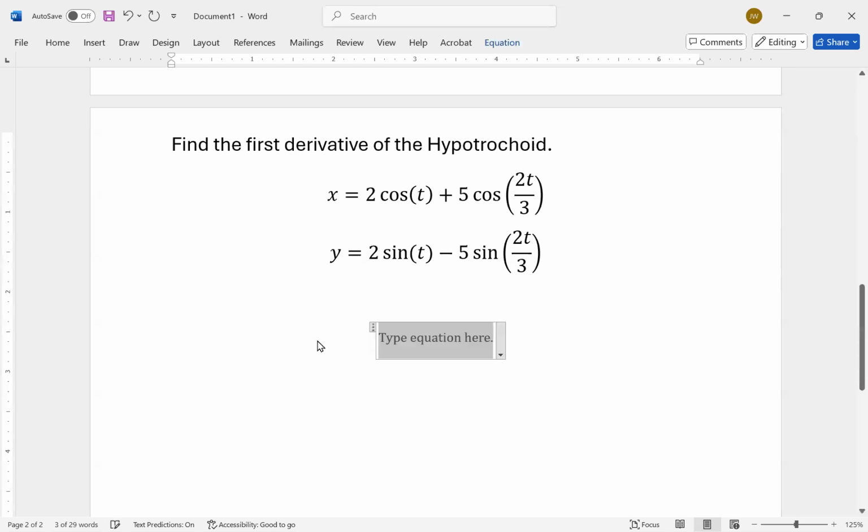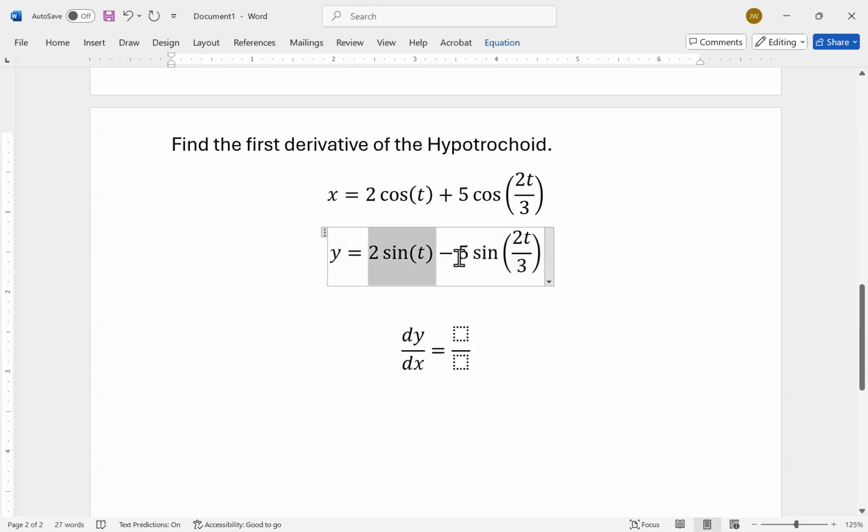If we're looking at this algebraically, derivative of y with respect to x, my normal slope of tangent line, I'm just going to set that up as a fraction. The top of that fraction is the derivative of y with respect to t.